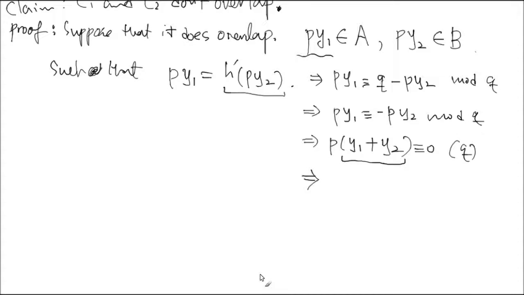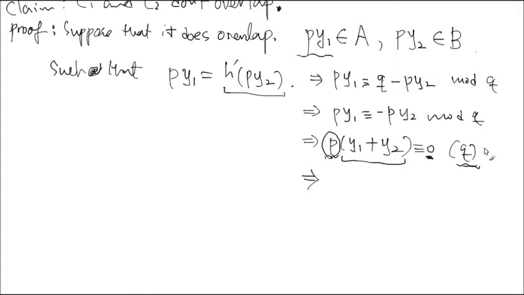So what do you do? You look at the GCD of these two things, right? And what is the GCD between P and Q? Two distinct primes: 1, right? That GCD divides 0. Therefore, it has a solution. And moreover, P has a multiplicative inverse, right? So you multiply by that, then it disappears.